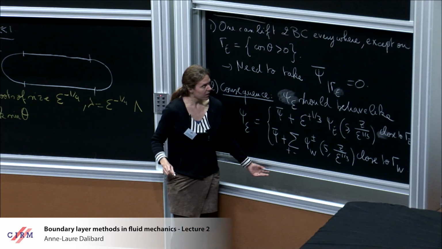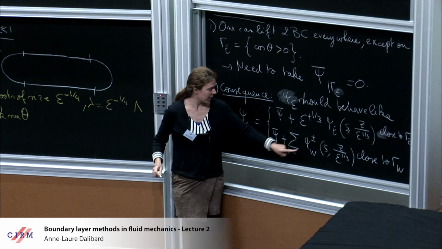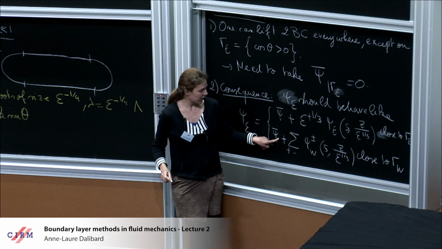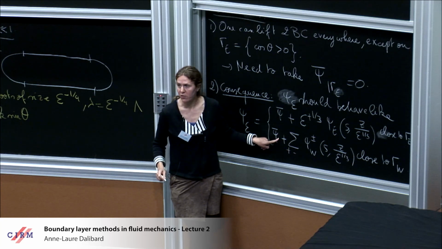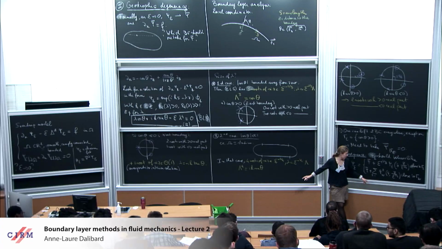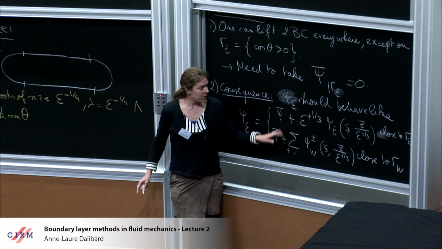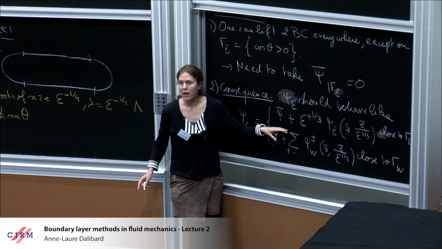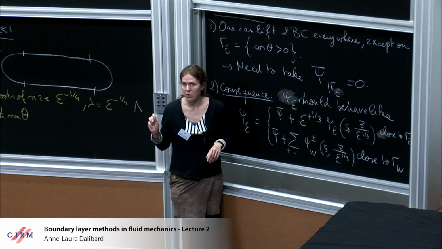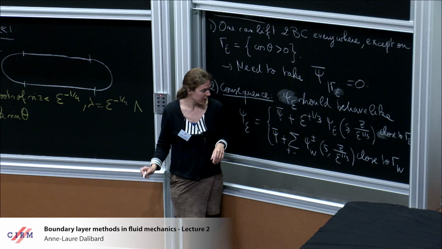And here, these two are designed so that they cancel out both the trace and the normal derivative. Okay, I'm not doing the whole computation, but they're essentially the linear combination of exponentials. So this is what your approximate solution should look like in the vicinity of these two pieces of the boundary.